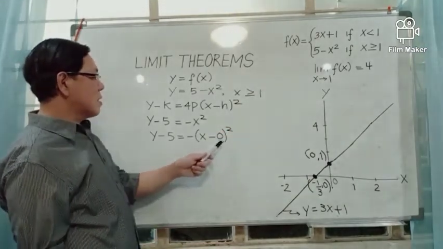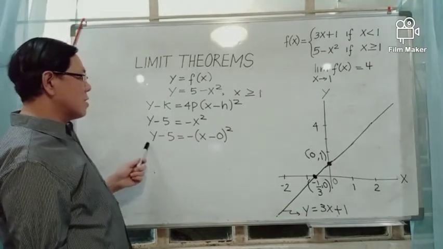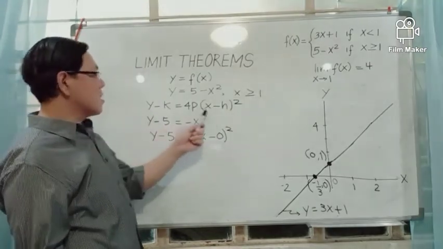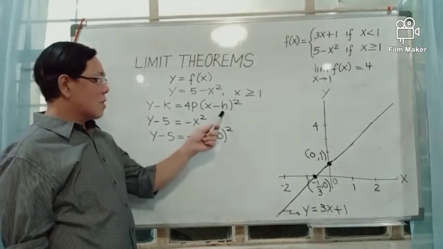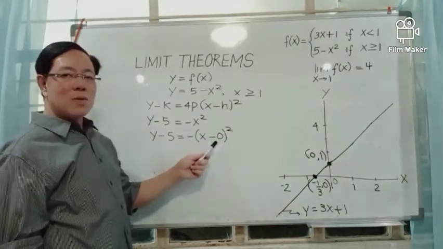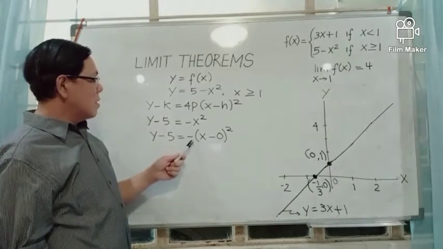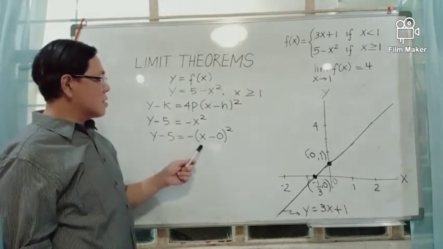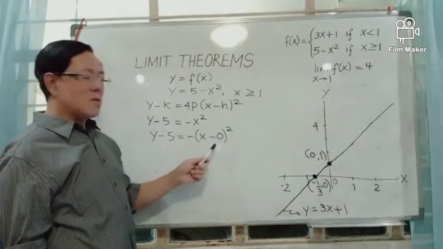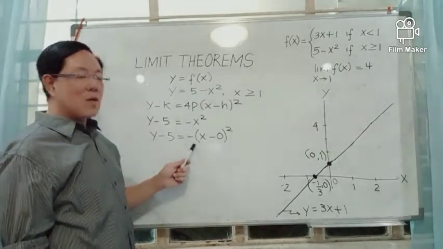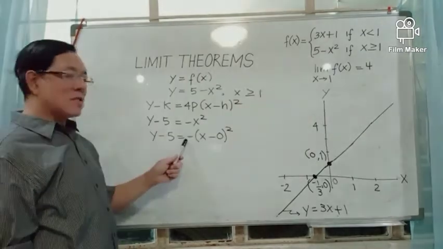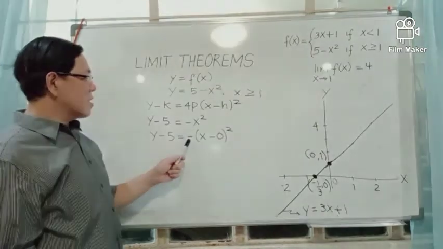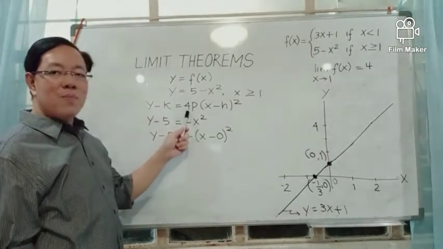Now you can see that if you compare this equation to the general form of a quadratic equation in x, h is equal to 0. And the coefficient of the square of x minus 0 is negative 1. And negative 1 is the value of 4p.